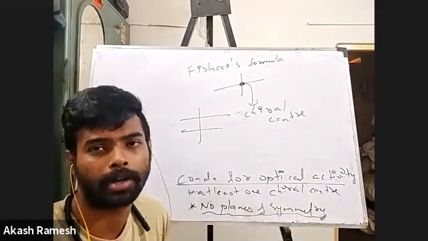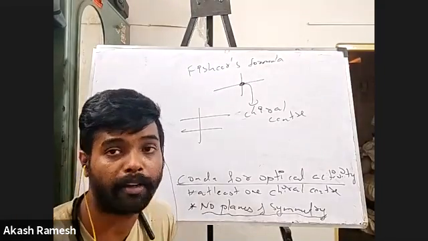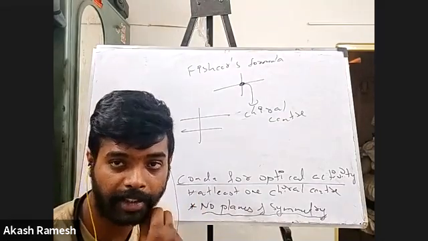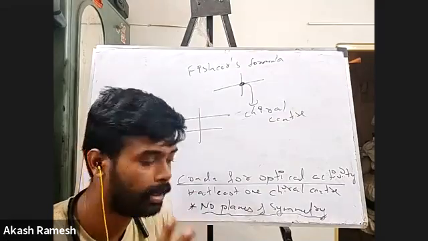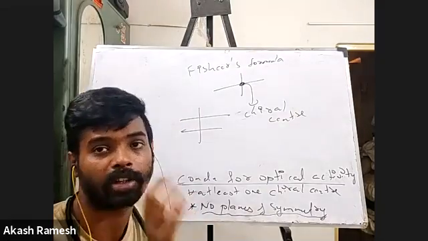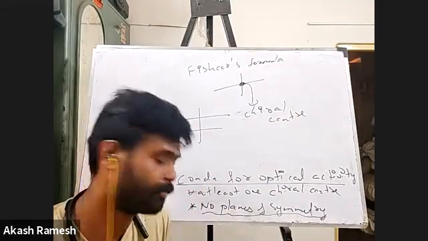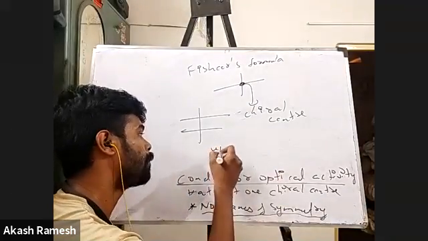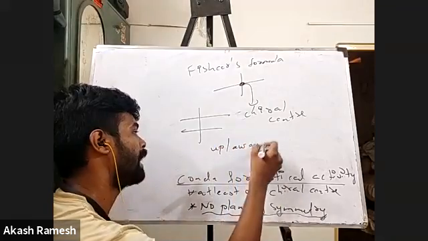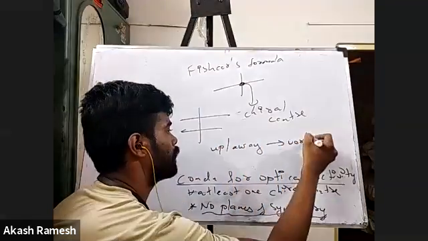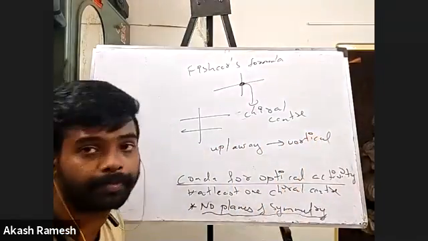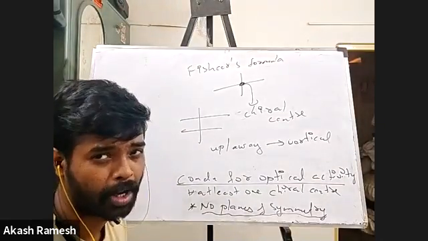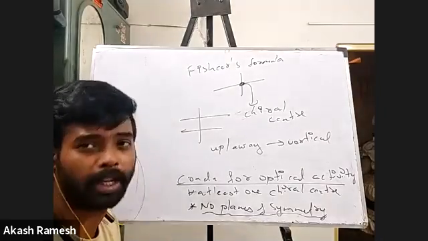Now, how do you convert it? We understood that I'm going to have vertical lines and horizontal lines, and the meeting point representing the chiral centers. So if I give you a 3D structure, how will you convert it? Very simple. Whenever you see bonds pointing up or away, they should be in the vertical position.